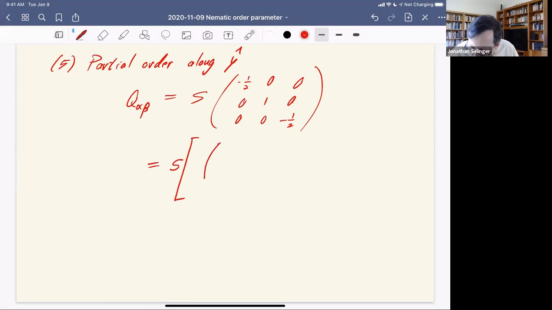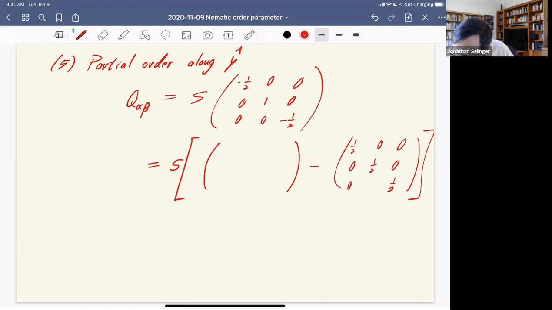Let's write it as something minus something. I want to say the thing that I'm subtracting off is a half, a half, a half along the diagonal. And so what goes here must be 0, 0, 0, 0, 3 halves, 0, 0, 0, 0.